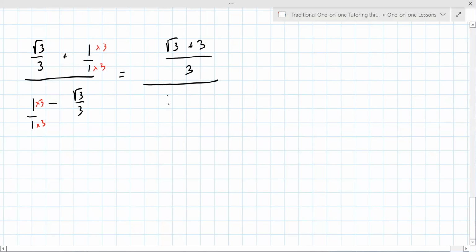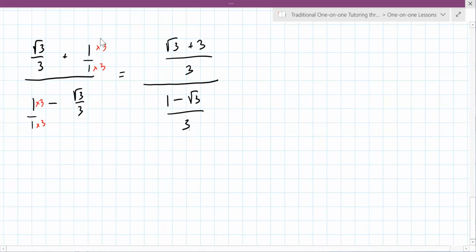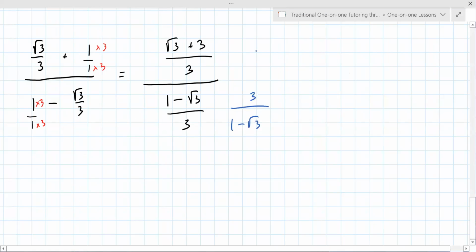Same thing down here in the bottom, 1 minus root 3 over 3. Now, when you multiply by the reciprocal, the threes cancel. And it's actually always the case.